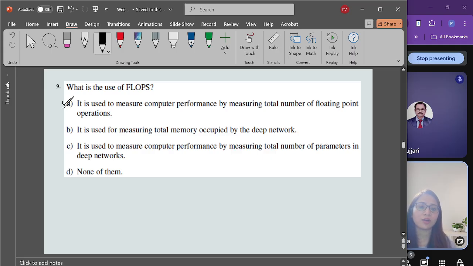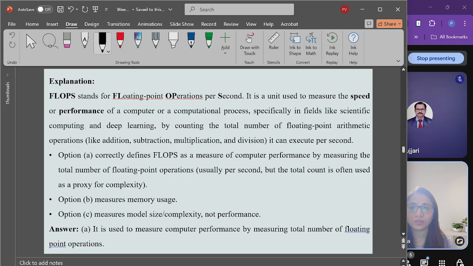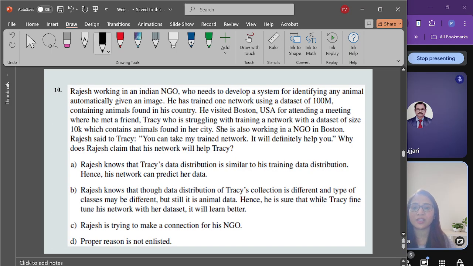If the total number of parameters is greater, then it takes more and more memory. It is not related to the problem, that is floating point operations. So I hope you have got this question. Now moving to our next question.